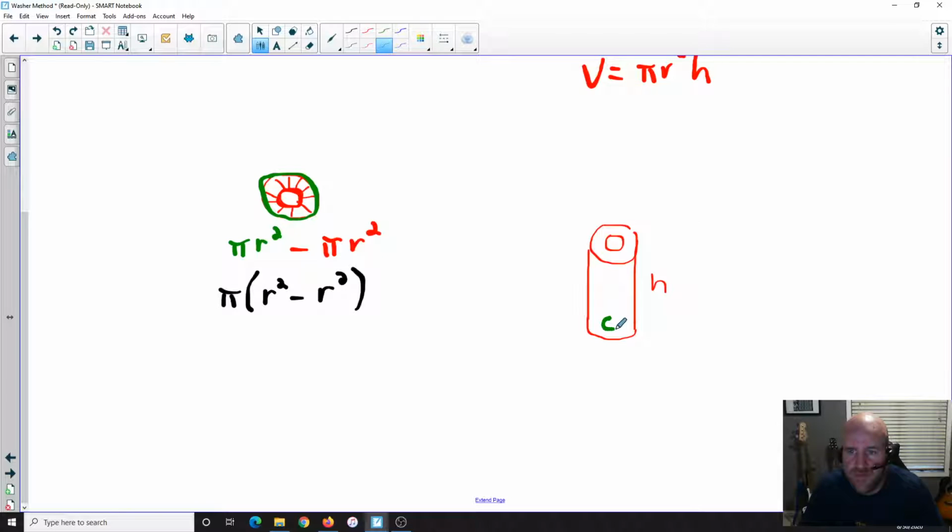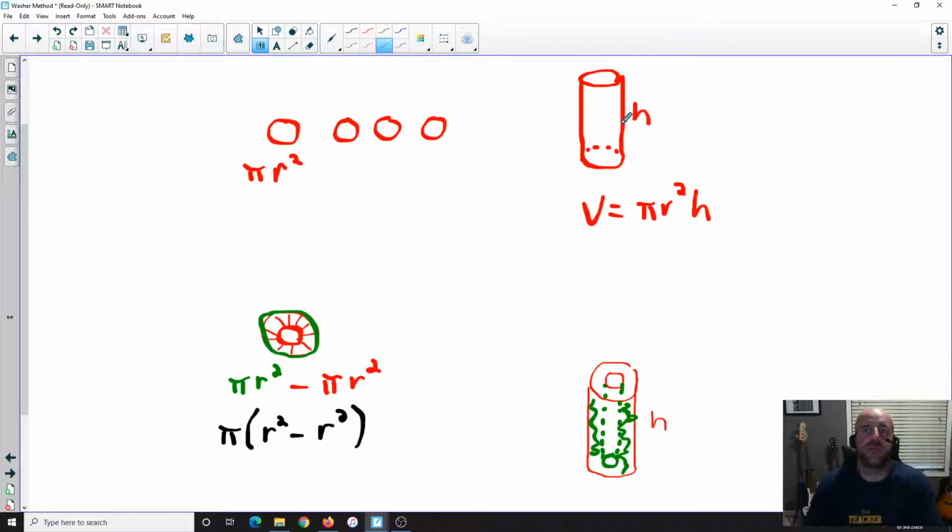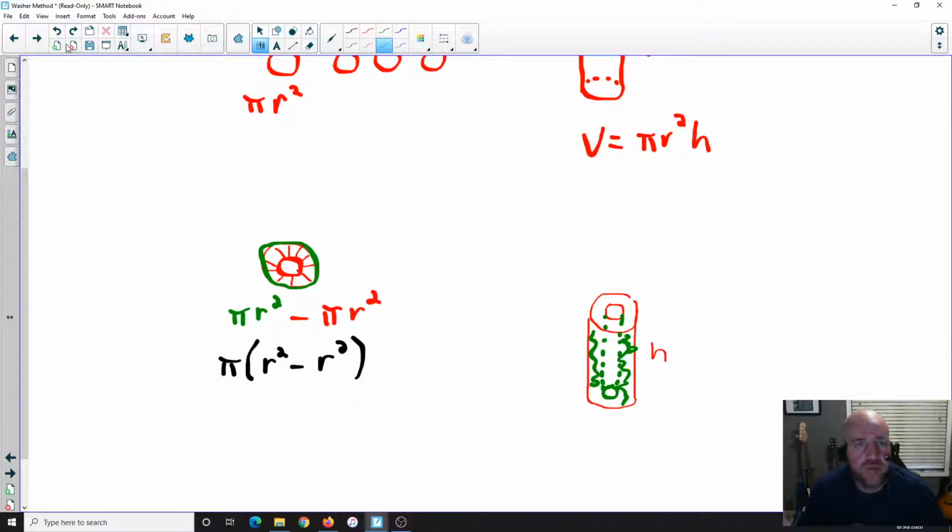So we would have this interior, and then, okay, what we're trying to find is the volume of this cylinder made from washers. So we would do the same thing. We'd take the area of the outside piece, and then minus the area of the inside and multiply it by the height. So this is where our formula comes in.